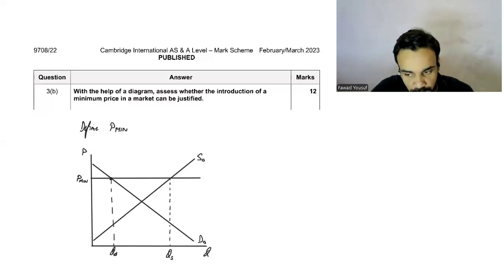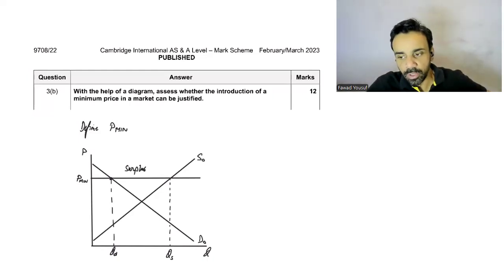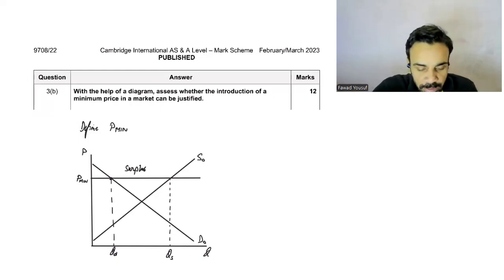Over here, we end up with a surplus in our hands. Price wants to fall down, but we cannot allow the prices to fall down. That's the whole thing, right?